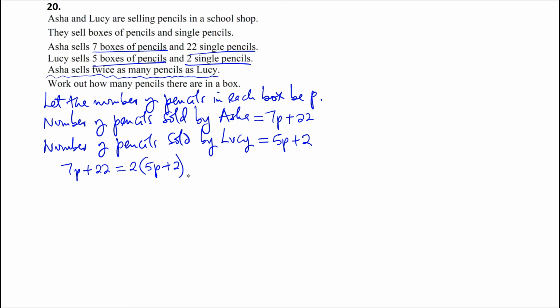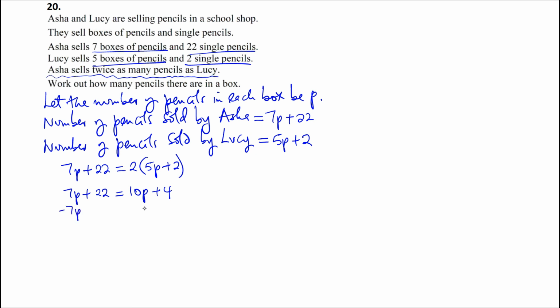So we have this equation here, and remember, we want to work out the number of pencils in each box, which is P. So we have to solve for P. And we can do that by solving just this equation. So 7P plus 22 will be equal to 10P plus 4. Subtract 7P from both sides.